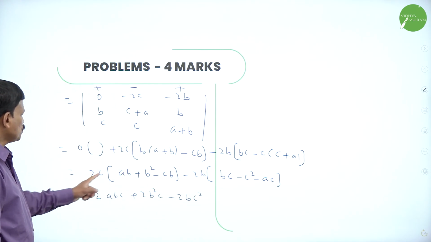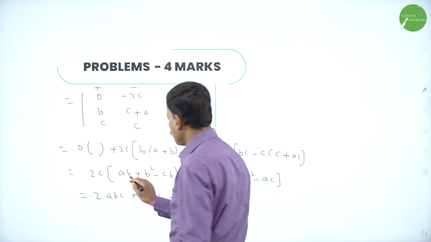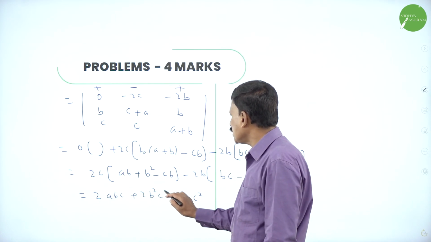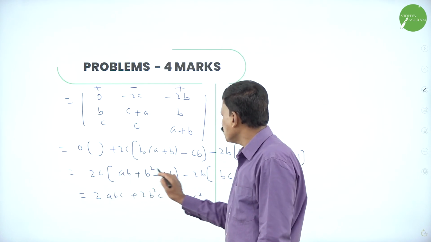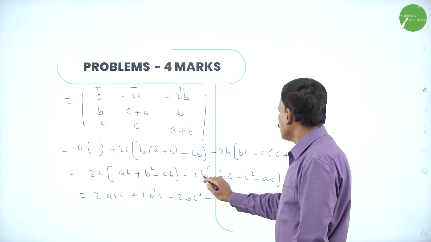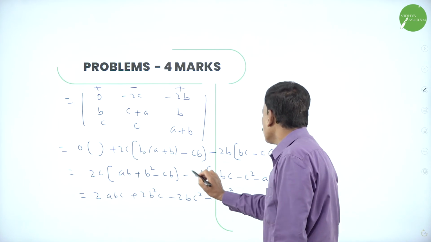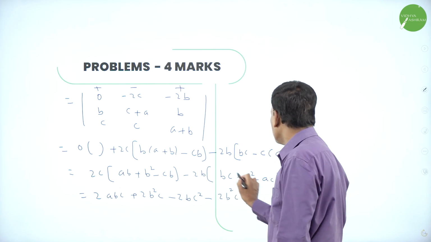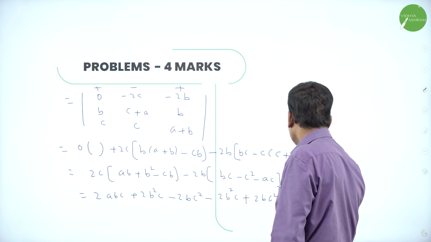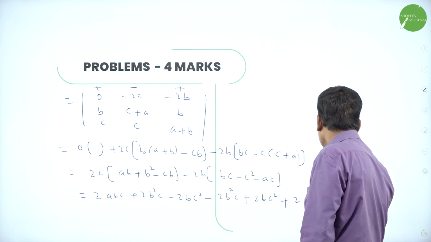See here, 2C into ABC is 2 times ABC, 2C into BC is 2BC square, minus into plus minus 2 into C square is 2BC square, minus same type 2 times B into B is B square C, minus into minus, plus 2 into B into C square, minus into minus, plus 2 into B into A into C is ABC.